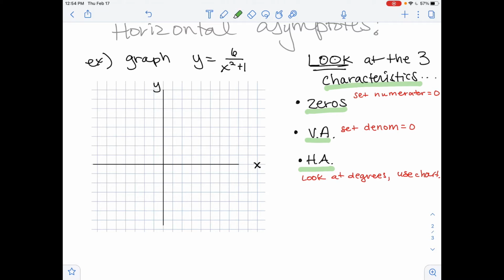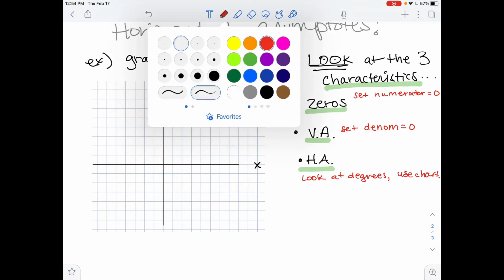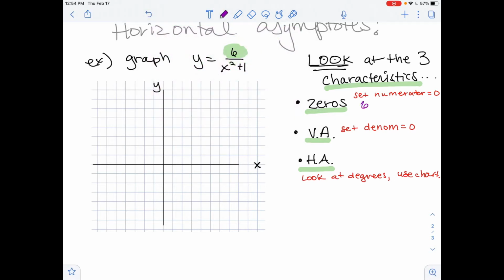Here we go. So our numerator is the function 6. So we're going to say, well, can 6 equal 0? And the answer is no, it can't equal 0. So in this case, there are no zeros. Let's talk about the vertical asymptotes. We're going to set the denominator equal to 0.